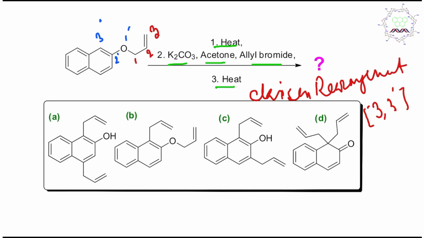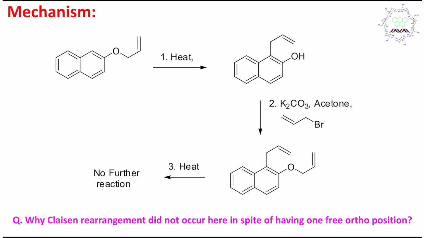You can say that this double bond will attack here, it will come here and it will go there. In this way the first step will happen and ultimately it will produce an intermediate. How does the intermediate look? See, the other benzene ring will remain unaffected, and here you will learn a very important concept.